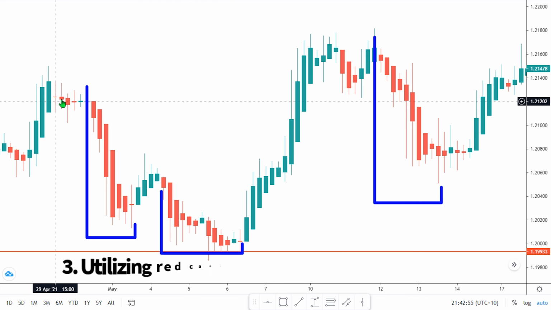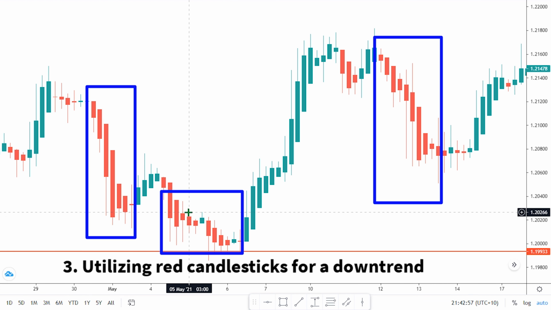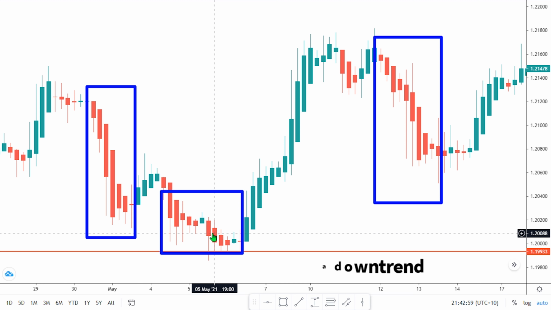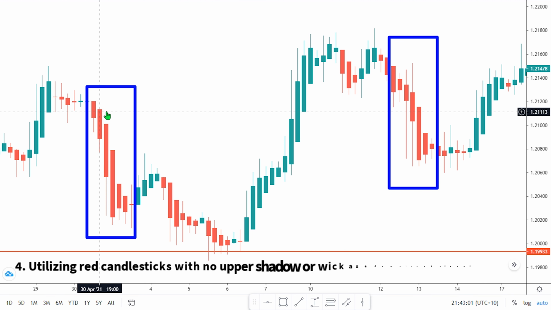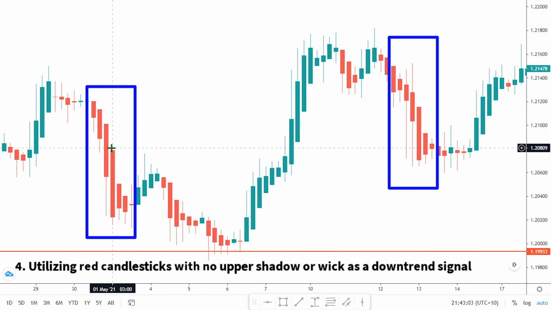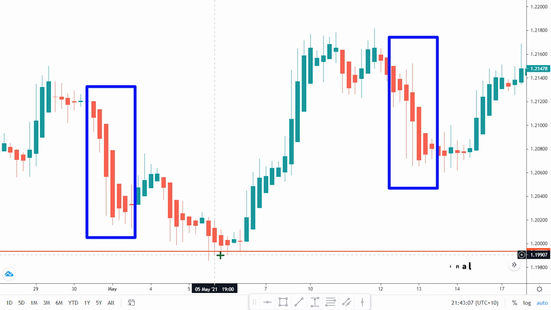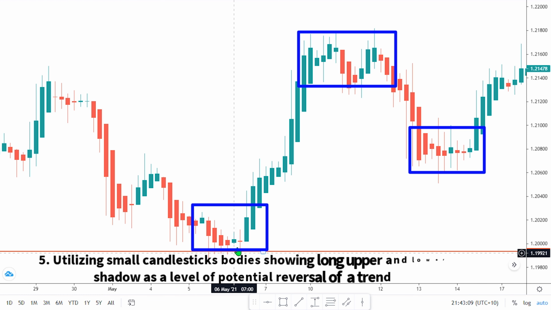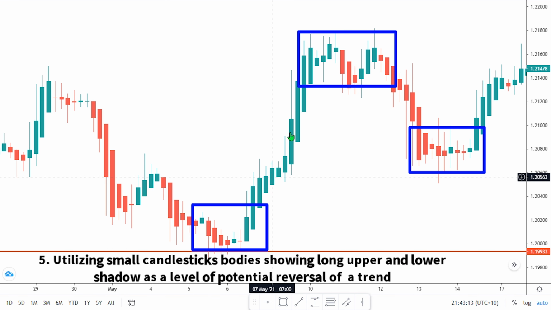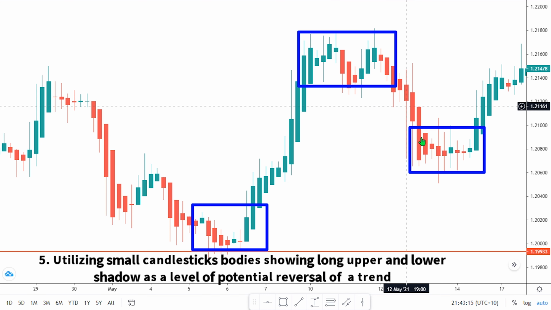Number 3. Utilizing red candlesticks for a downtrend. Number 4. Utilizing red candlesticks with no upper shadow or wick as a downtrend signal. Number 5. Utilizing small candlestick bodies showing long upper and lower shadows as a level of potential reversal of a trend.